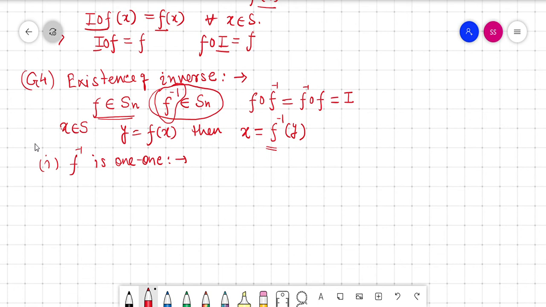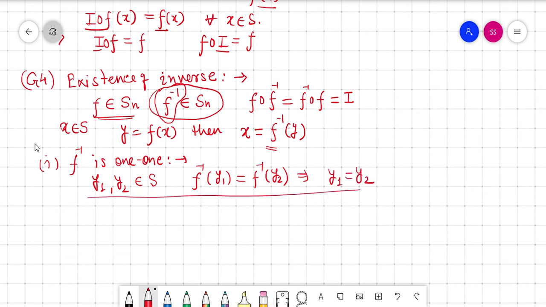1-1 means if we take two elements y1 and y2 in S, and suppose F inverse y1 is equal to F inverse y2, then we must show that y1 is equal to y2. Okay, so it is our goal. Clear? So suppose y1 and y2 belong to S. Then we use the ontoness of F. F is onto.